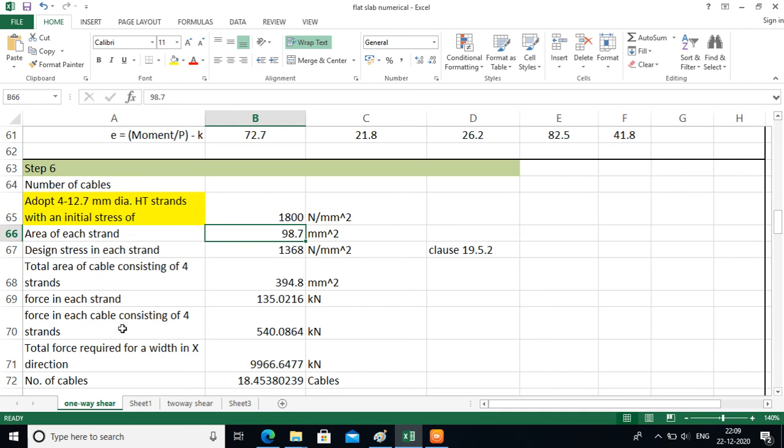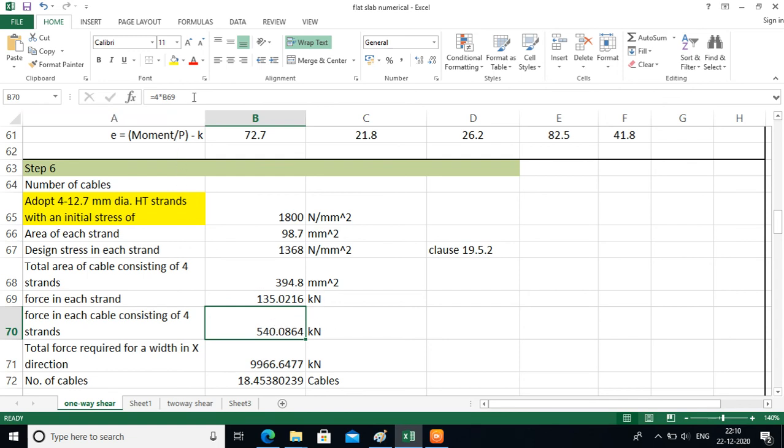And basically we want the force developed in the cable. So the force in each cable, how do we get it? We are going to multiply this force by 4, because in a single cable 4 strands are there. If the single strand carries 135, then the force in each cable is 4 into 135.02, that is 540.